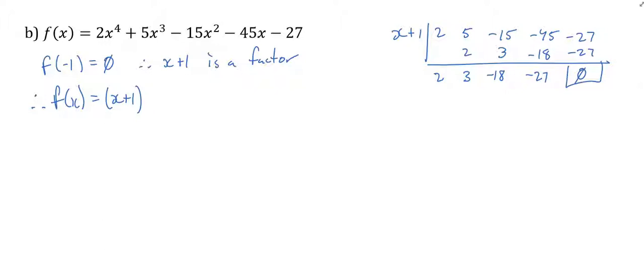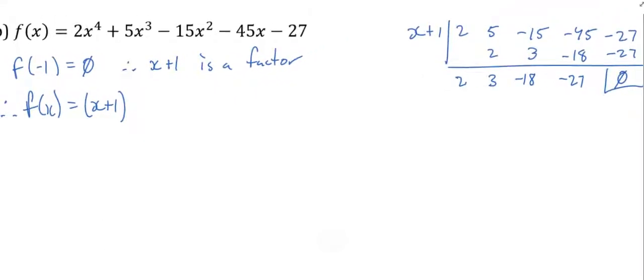F at negative 1 is 0, so x plus 1 is a factor. Why is that a positive 5? Isn't negative 1 to the 3 still? But that's for evaluating this. I just use these coefficients in there. Okay. I think we're good. Are we good? Other people got that? We're good? Okay.